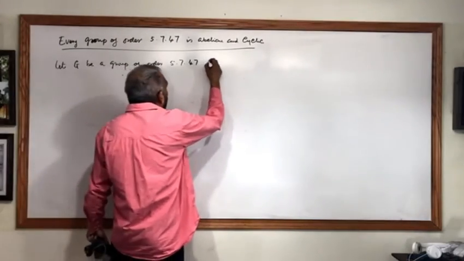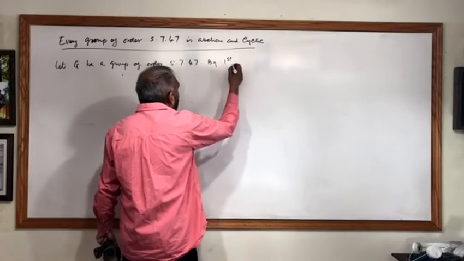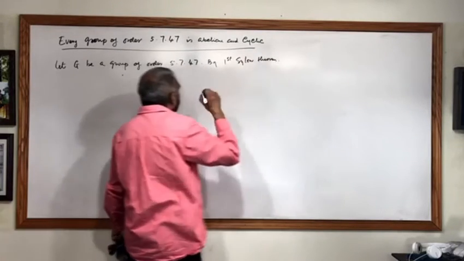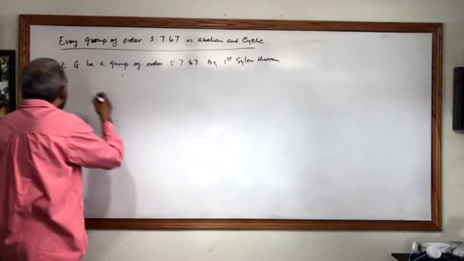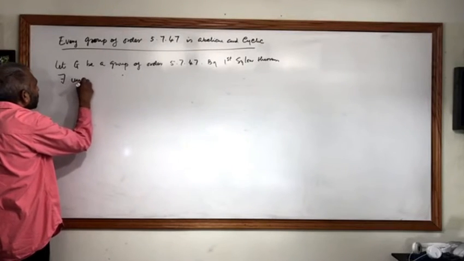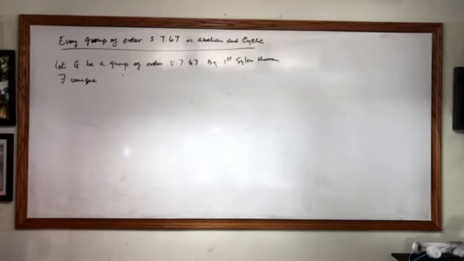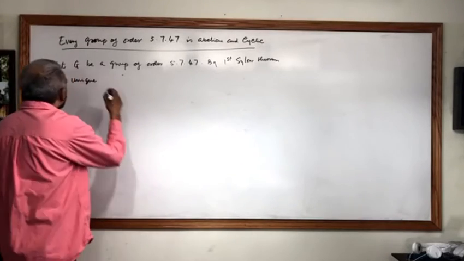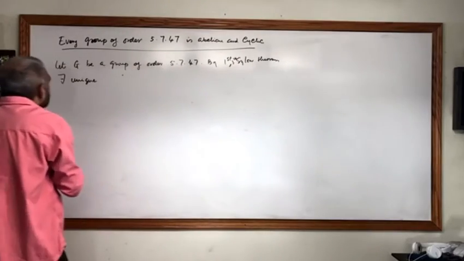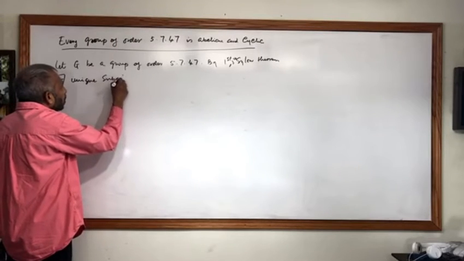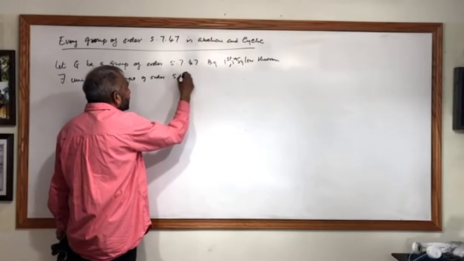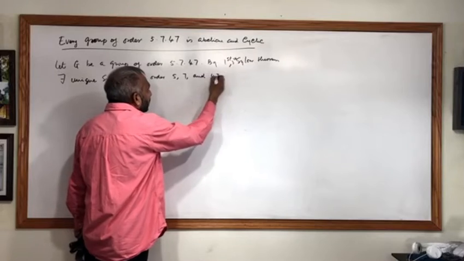So by the first and third Sylow theorems, there exist unique subgroups of order 5, 7 and 47.